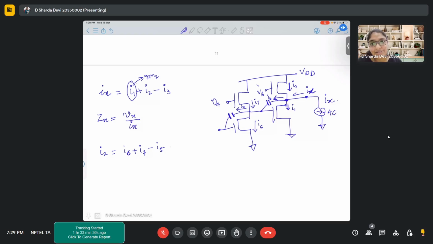You can definitely take approximations, like considering it to be very small and considering that you only have that single stage and doing the calculations.